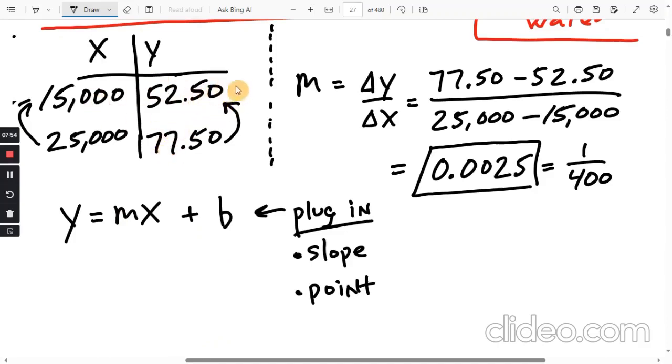So for the y, I'm going to use 52.50 for the y. For the m, I'm going to use 1 over 400. Actually, I'll use 0.0025. For the x, you have to choose the x that's associated with the y that you use. You can't mix and match coordinates. So this y is with this x. So that's going to be times 15,000.